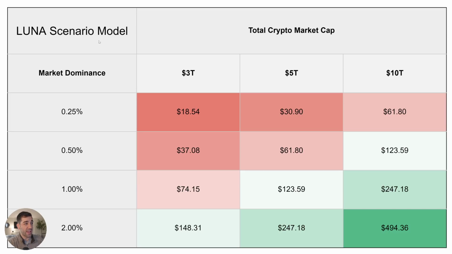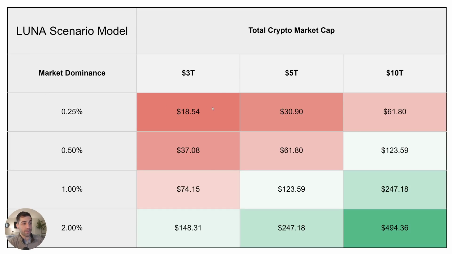For the sake of this exercise, I have ignored any potential inflation or deflation for the Luna token because we're dealing with a somewhat short-term time frame, really just looking out to July and maybe towards the end of the year. Inflation and deflation could affect these projections, but only by a couple percent in either direction, so it's not worth making an assumption for the sake of this exercise.